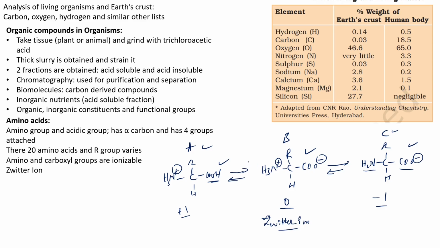Remember the examples of amino acids based upon the charge group, and also try to remember the Zwitter ion. Try to draw these structures more and more frequently, and you will remember this in a better way.